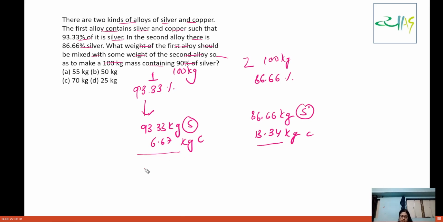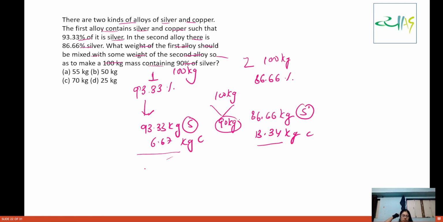So we have to make an alloy in which in 100 kilogram we have 90 kilogram silver. Fine. So how will we do this?